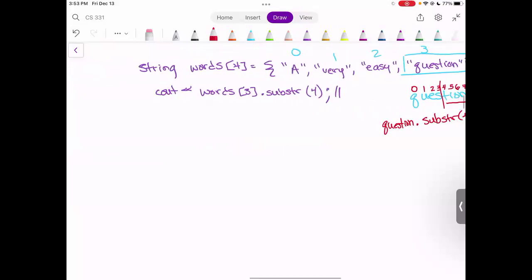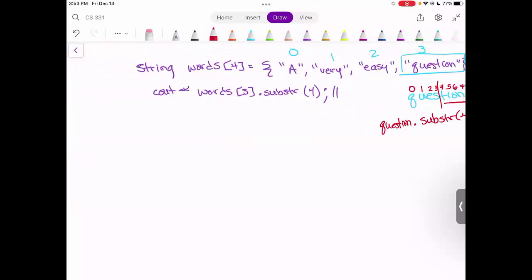Okay. So then let's use a for loop. We're going to say for int i equals 0, i is less than or equal to 2, and i plus plus, we're going to cout words sub i.